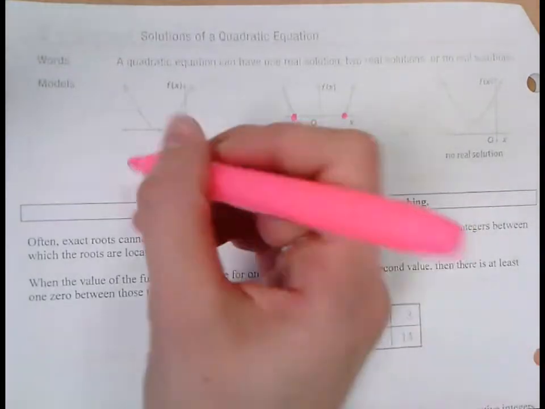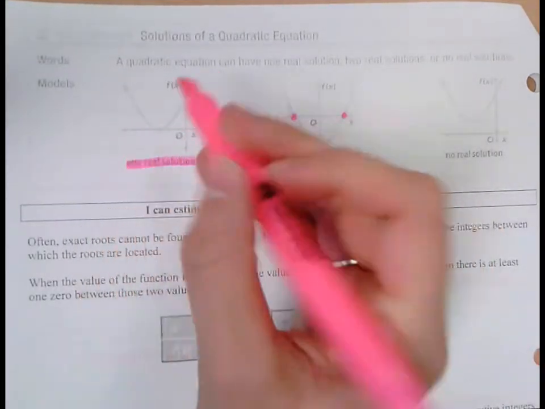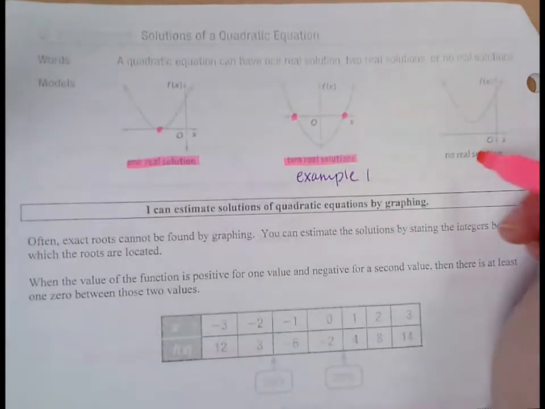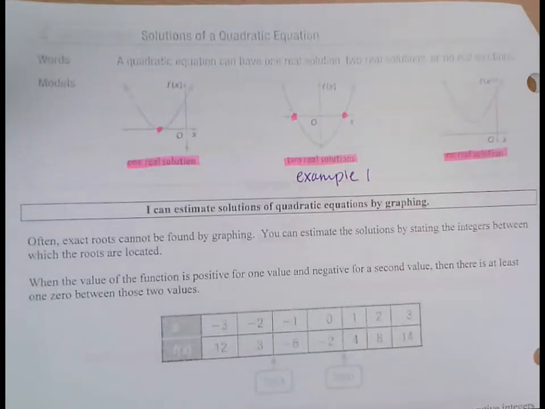You could also have one real solution, and that would be if you only have one x-intercept, and that's only going to happen if your vertex is your x-intercept, if it's on the x-axis.